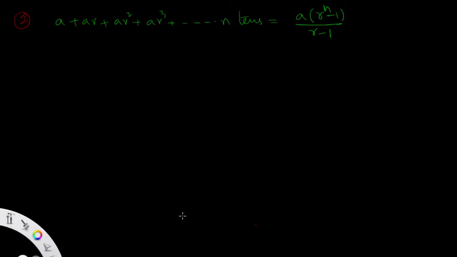By using mathematical induction, we have to follow the finite mathematical induction principles. The first step is to name whatever statement is given. Let S of n be the given statement.